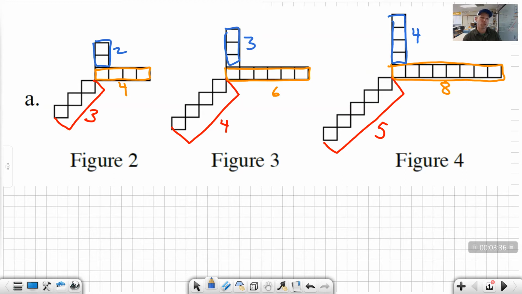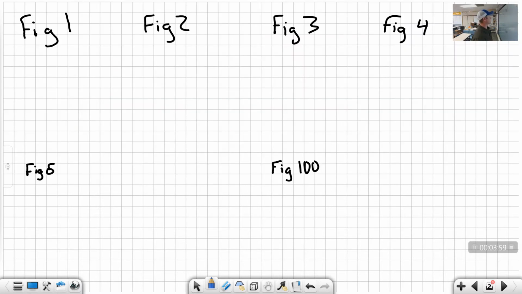Once you have figure 2, 3, and 4 done, work backwards. Draw figure 1. Then move forward and draw figure 5. Go ahead and pause the video while you do that.